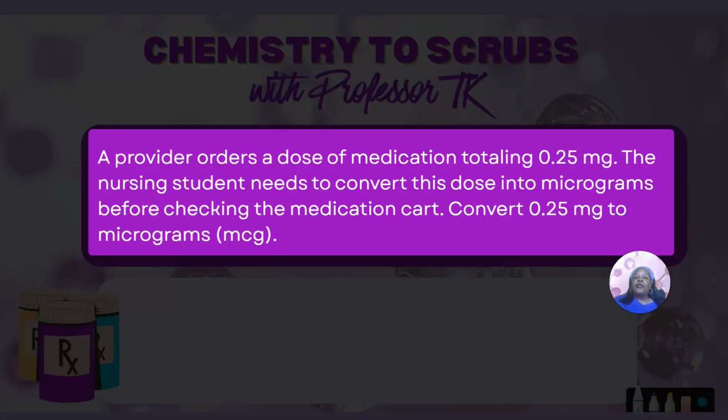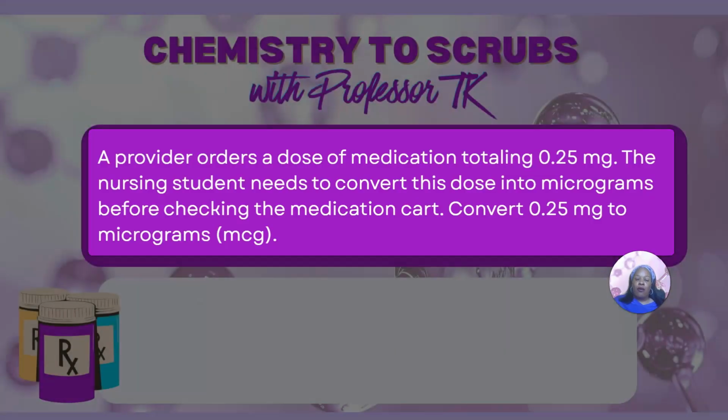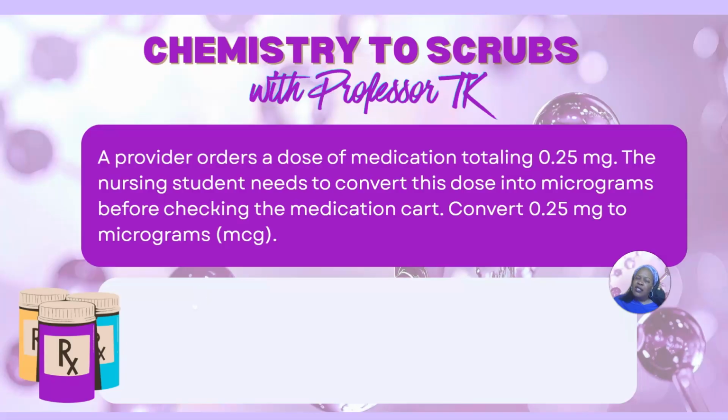A provider orders a dose of medication totaling 0.25 milligrams. The nursing student needs to convert this dose into micrograms before checking the medication chart. Convert 0.25 milligrams to micrograms. All right, so here's something else I want you guys to know. Sometimes if they don't give you kilos, hecto, or deca, you don't have to even start right there.